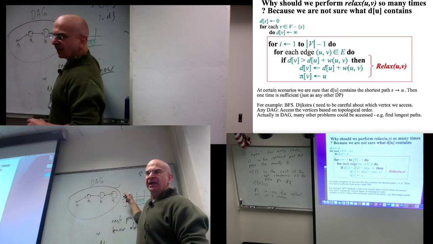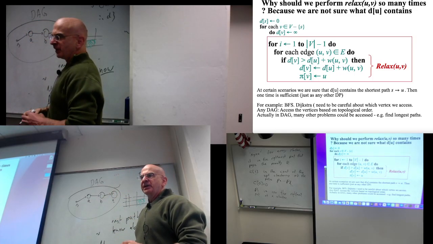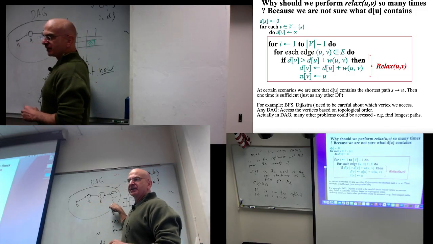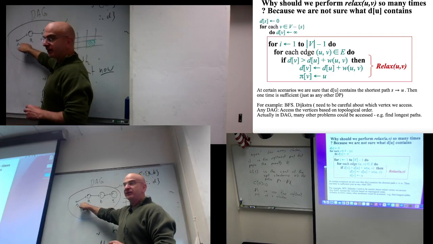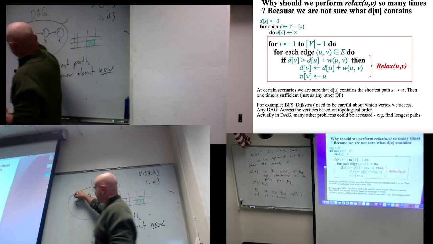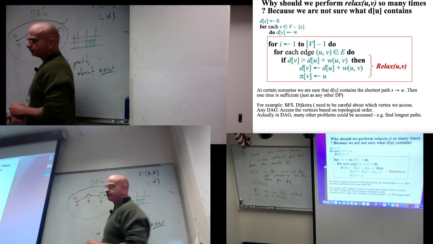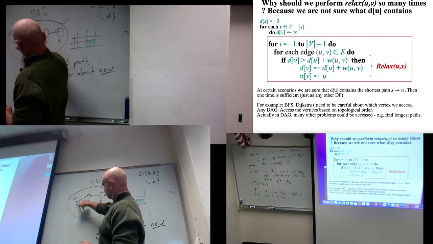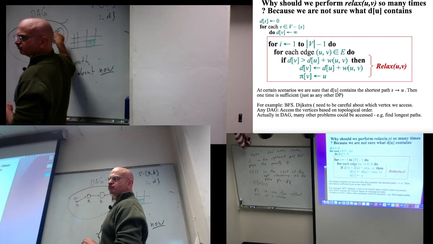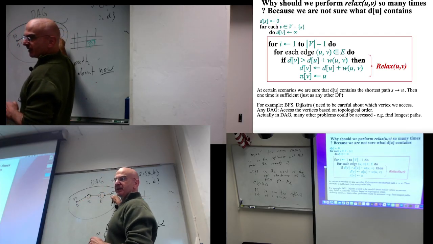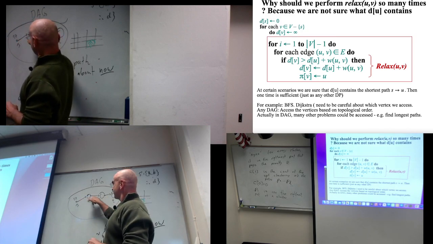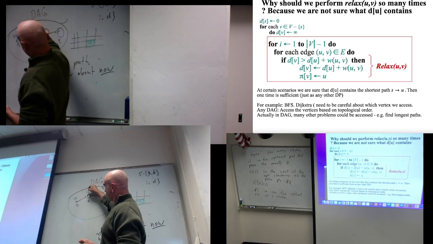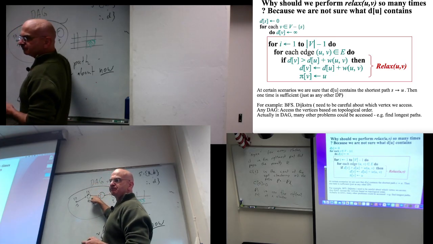If this is a DAG, and I'm not sure what the label of each vertex is, I'm not sure that the label of S is 0. Quite likely it's not. Let's say it's 17. Here is the shortest path, and there is an edge from S to A, so the label of A must be larger than 17, maybe 19.